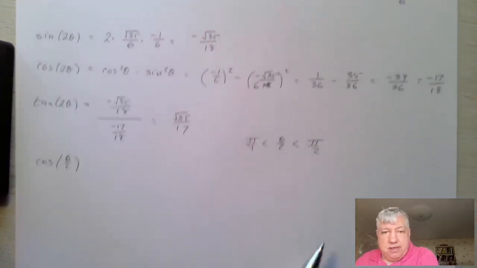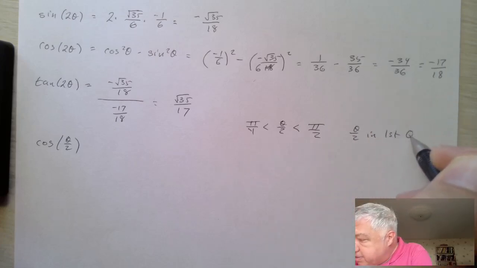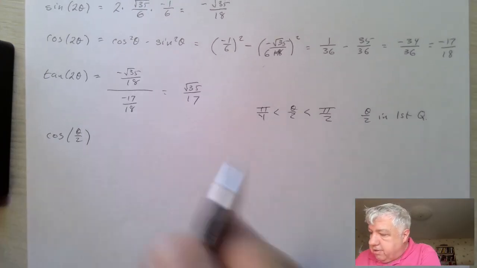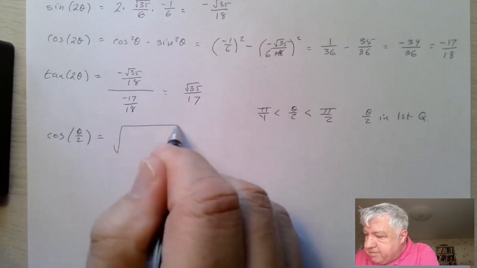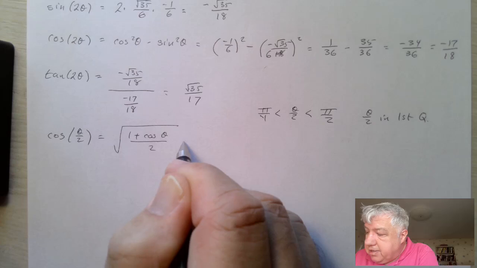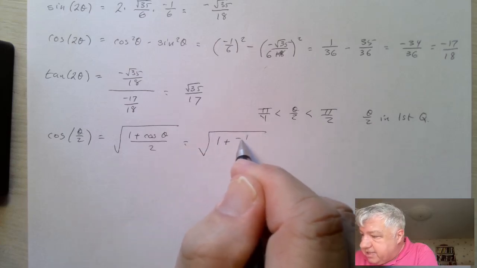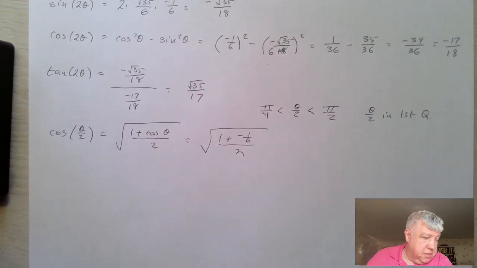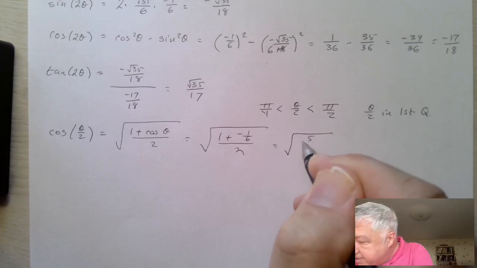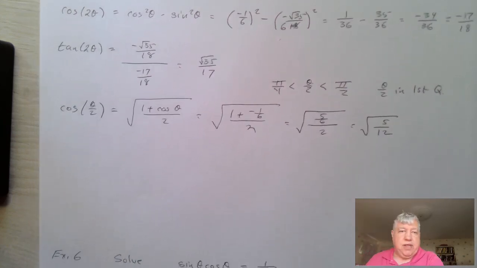So theta over 2 is in the first quadrant, which means that all these square roots will have to be the positive square roots. So this is going to be the positive square root of 1 plus cosine of theta over 2, which is the square root of 1 plus negative 1/6 over 2, which is the square root of 5/6 divided by 2, which is the square root of 5/12. Okay, we'll just leave it like that.